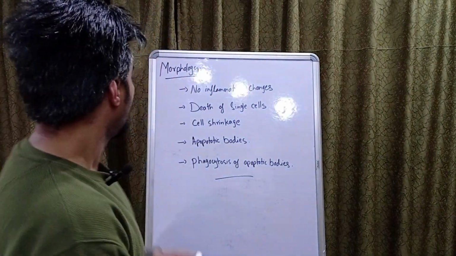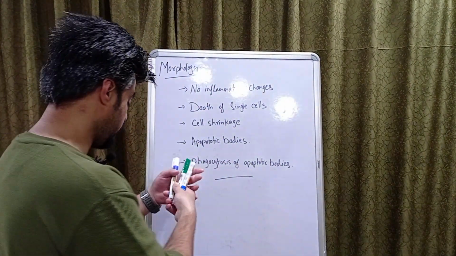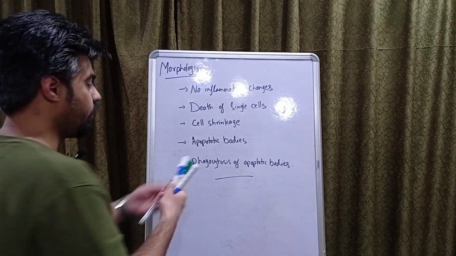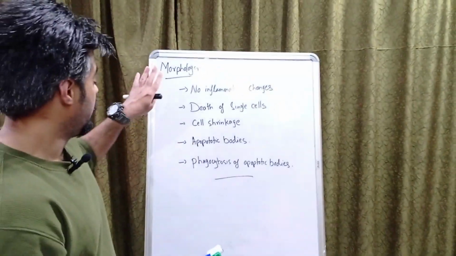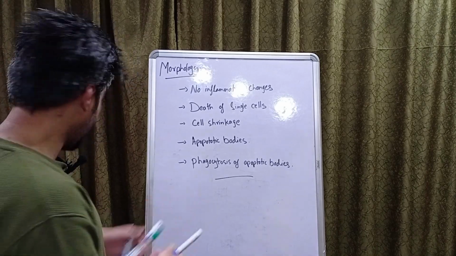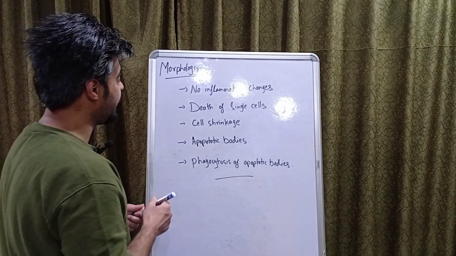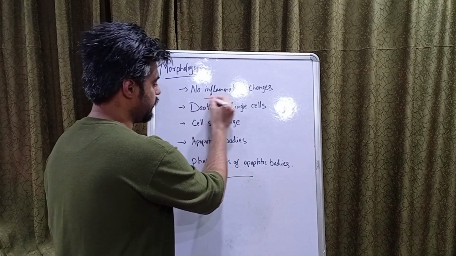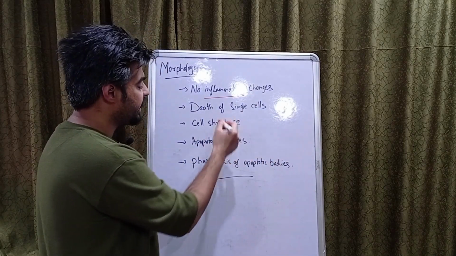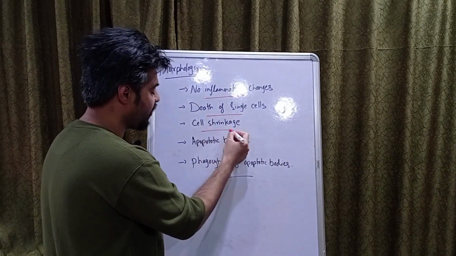So guys, we are proceeding towards the morphology of apoptosis. In the morphology of apoptosis, we will see no inflammatory changes will occur. Death of single cells will be there. Cell shrinkage is available.